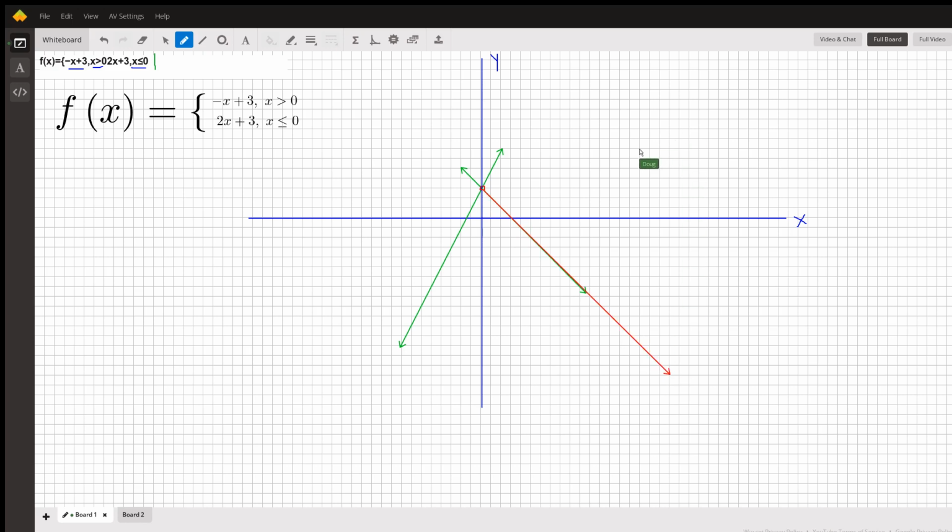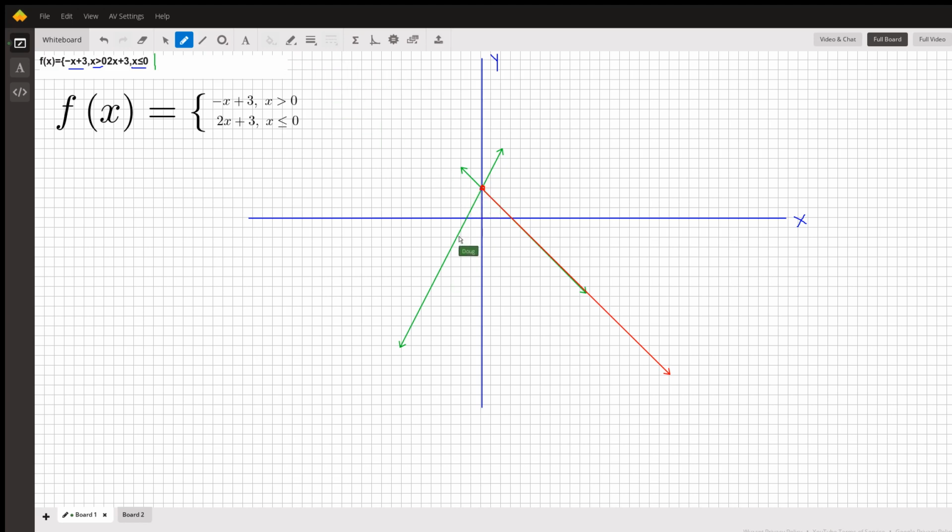And likewise, for the piece where x is less than or equal to 0, we use the line y equals 2x plus 3. Same y-intercept. This time, the open circle gets filled in. And we only use the piece of this second green line to the left of 0.